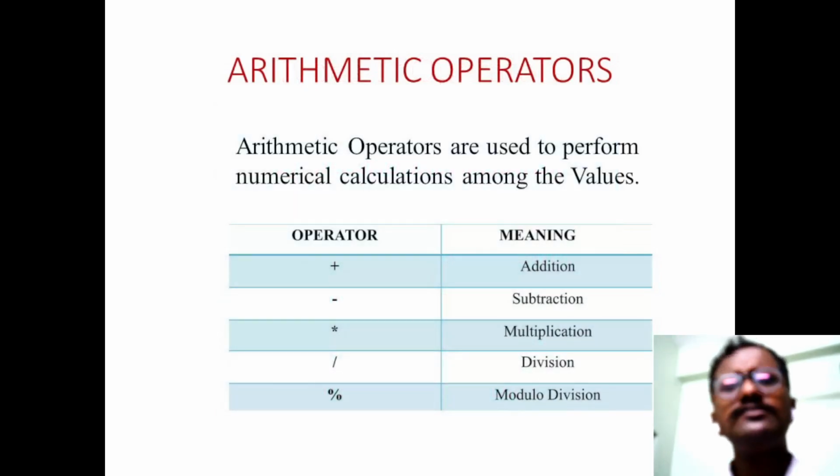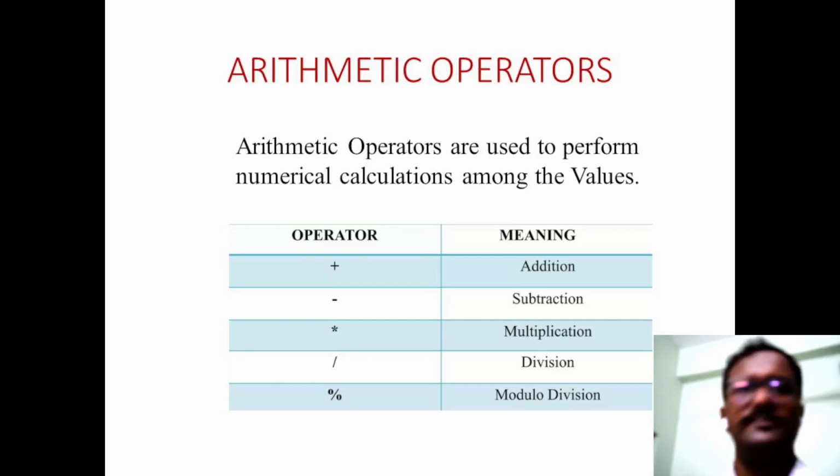Now, what is an arithmetic operator? Arithmetic operators are used to perform numerical calculations among the values. The way we do this in mathematics, in the same way we are going to do in computers in the C language. Computers perform arithmetic operations using numerical calculations.